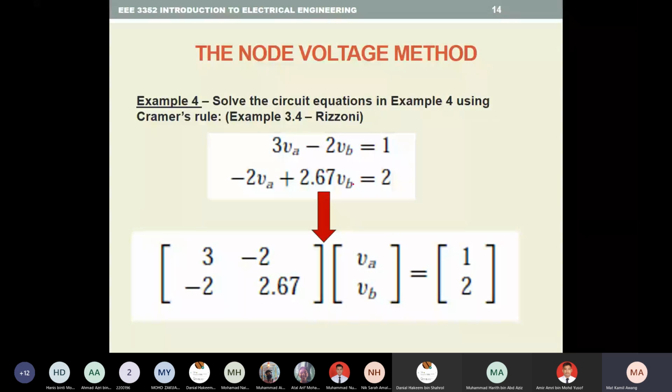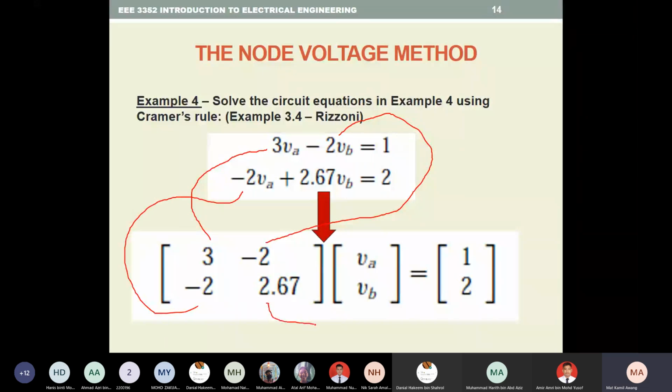So what you do is you take this equation and set it up in matrix form. This is this coefficient, minus 2 is this coefficient, 2.67 is this coefficient. Then you put VA and VB equal to 1 and 2.